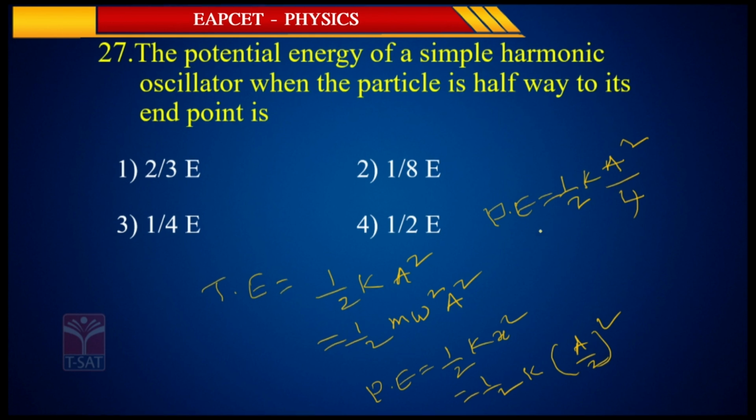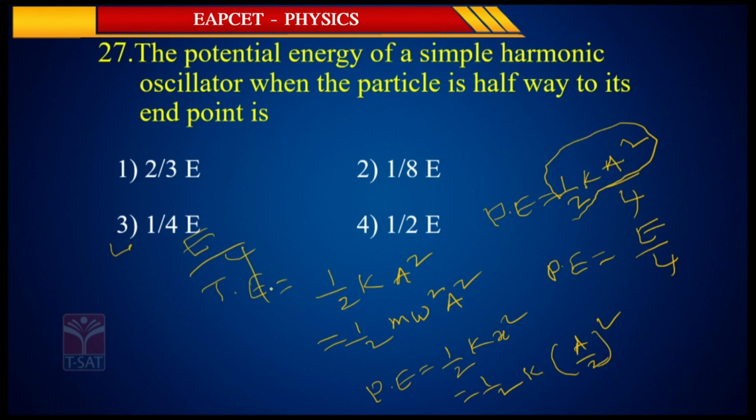Therefore, 1 by 2 K A square is the total energy. Suppose we call the total energy E. Therefore, potential energy is equal to E by 4. Option is there, no? Third option, this is E by 4. Okay, children, this is the most important.